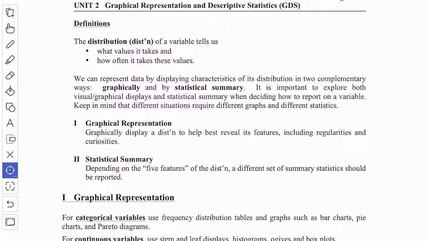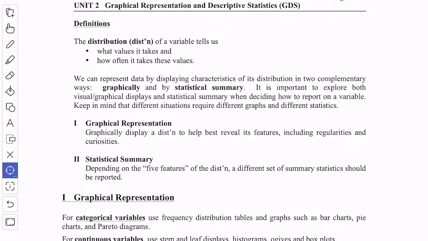So it involves sorting the data in numerical order and then grouping similar numbers so that you can see a pattern, right? So you want to do this grouping in a way that doesn't have too much detail but has just enough detail to see the pattern. So this is called a distribution. Now, you can look at distributions graphically, and you can also have a function that represents a distribution or a shape that we're going to talk about.